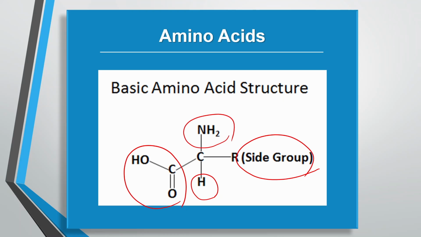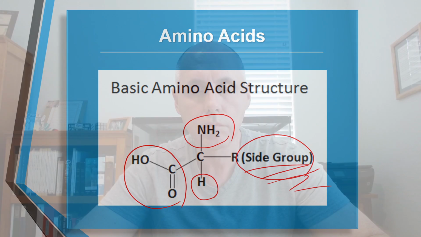The first three groups are common to all amino acids. The side chain group, this guy over here, that's what makes each amino acid unique, since all of them are different for each amino acid.